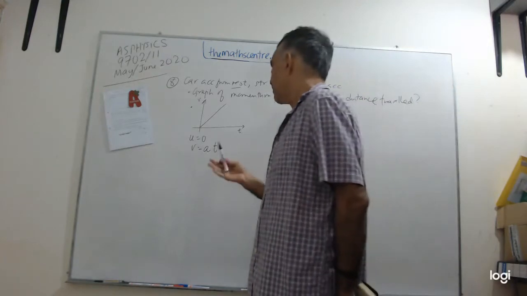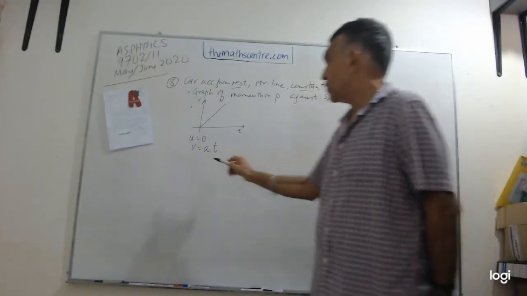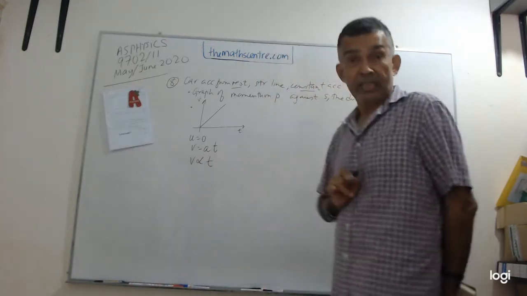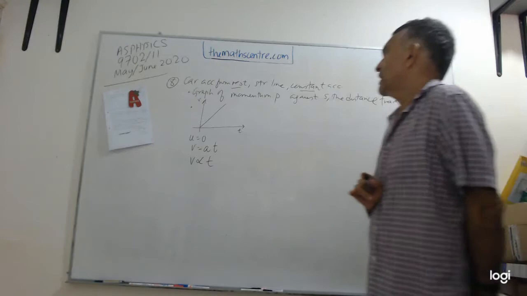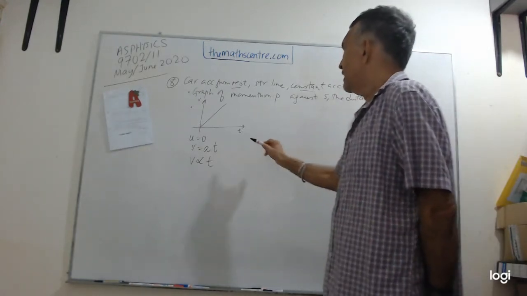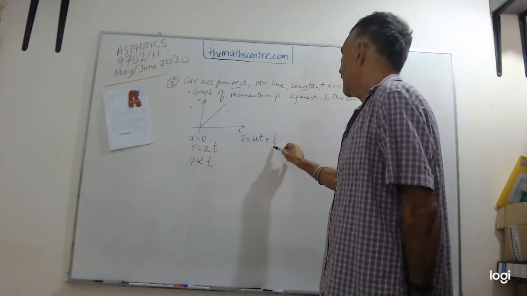And you're told that A is constant. So we can write V is proportional to T. Now, we also know that S equals ut plus half at squared.